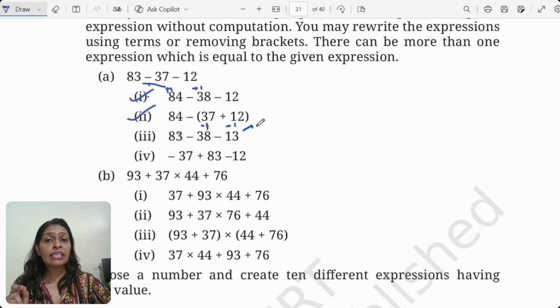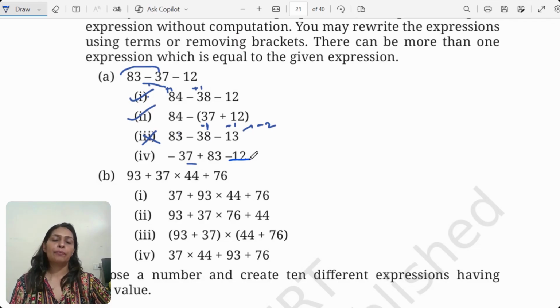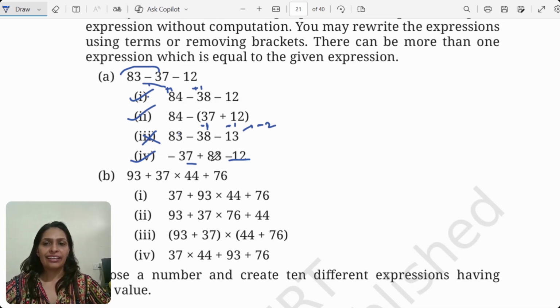So basically I've increased minus 2. So this is not going to get me the same answer. And lastly, the fourth one, what we did is I've brought this 37 forward and just written the number as it is. And hence, that is going to get me the same answer. It is going to be the same, right?